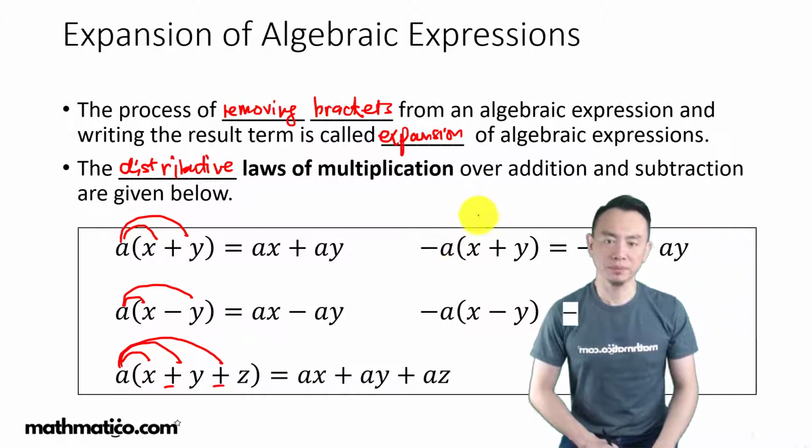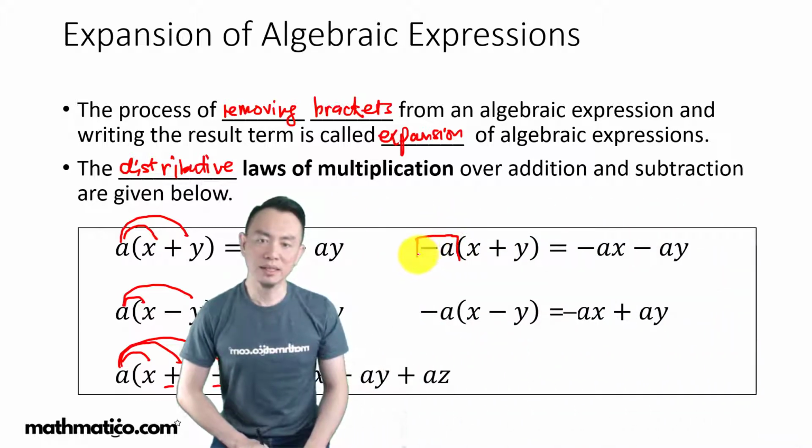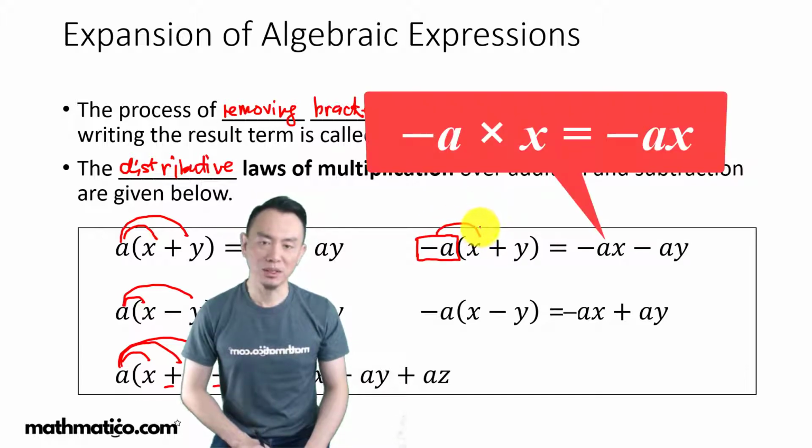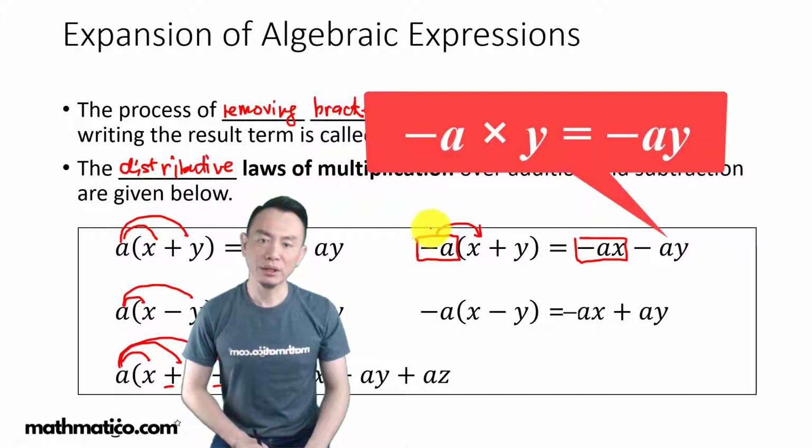Now in this case, the number that is multiplied to both x and y is negative a. So there's a negative sign here, which along with the a is going to be given to the x and y. So this negative a is given to the x, which means multiplied. So you have negative ax. Then you have the negative a that's given to the y, multiplied.